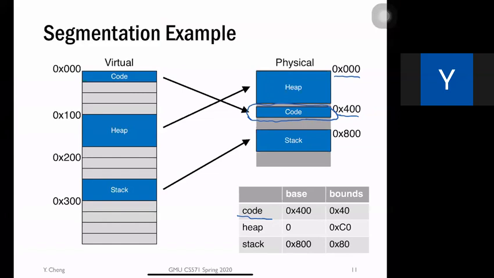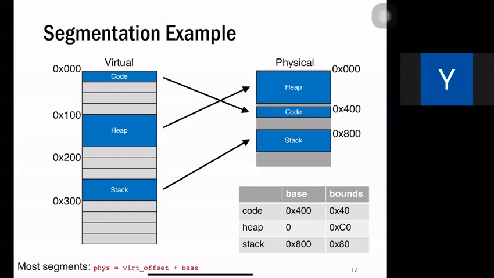Okay, so how to translate a provided virtual address into a physical address is by applying the simple equation provided at the very bottom of the slide.